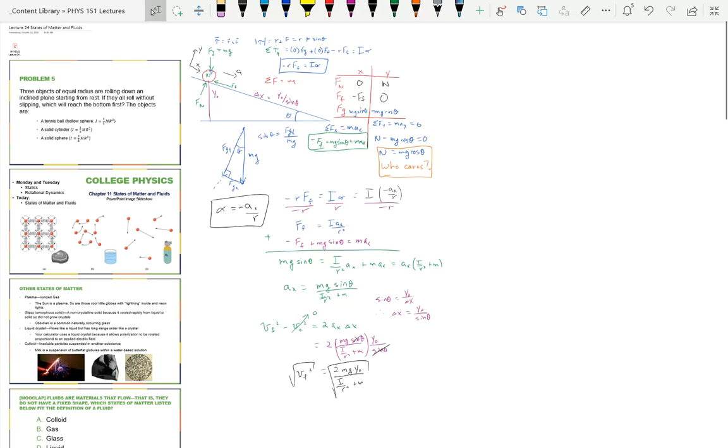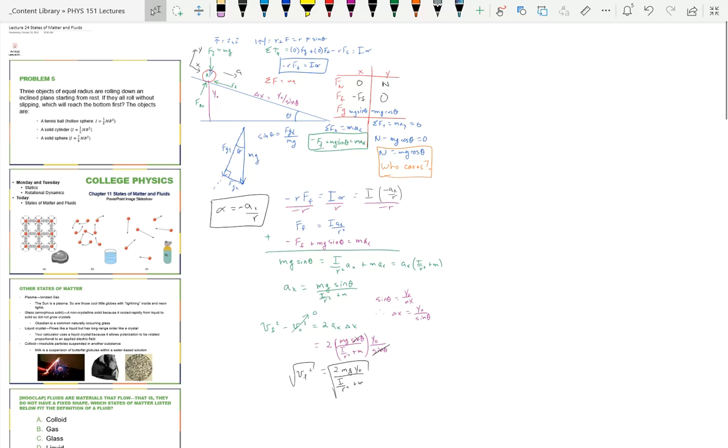Now, something I said last class period, we didn't have to do it this time. Why was no work done by the force of static friction here? It was not sliding. But what was the static friction doing? It was making it so it rolled, which meant that it was converting energy into rotational energy.